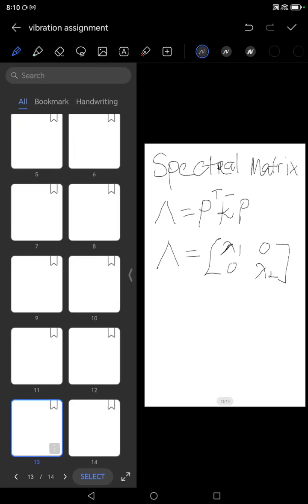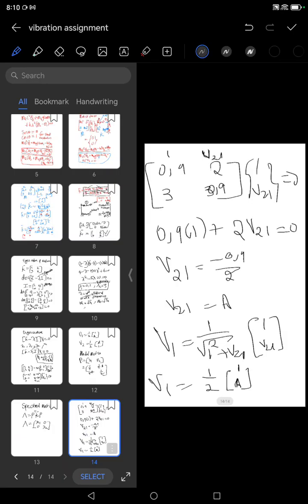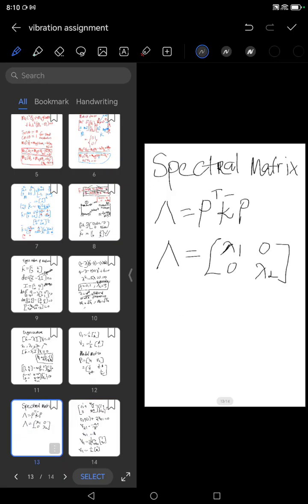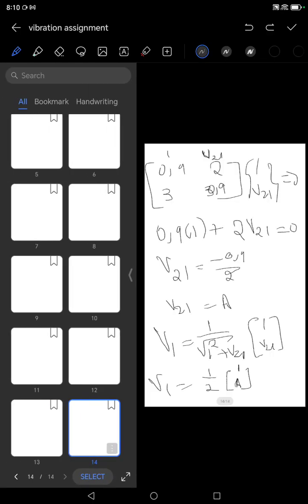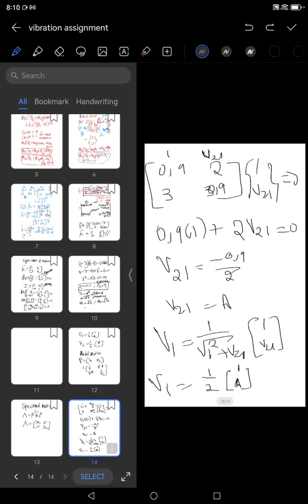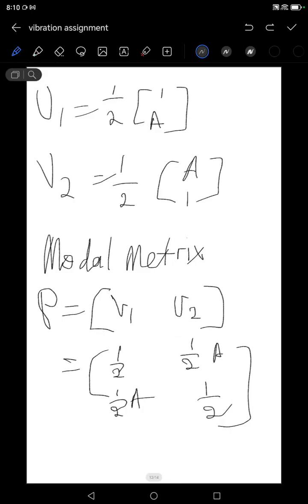Remember, where's P? This is P. On P we have half a, and we also have half a, half.